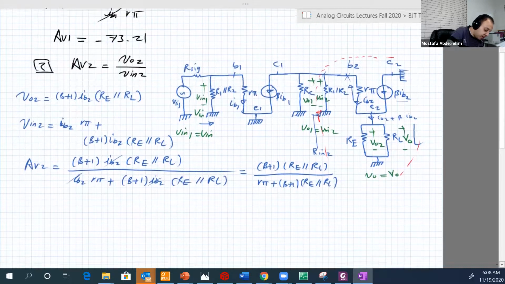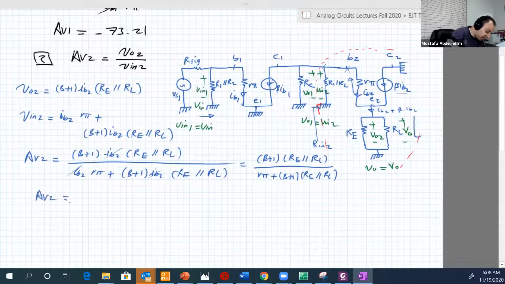If we compensate now, because everything here is known, this will be 0.51. So it's less than 1.